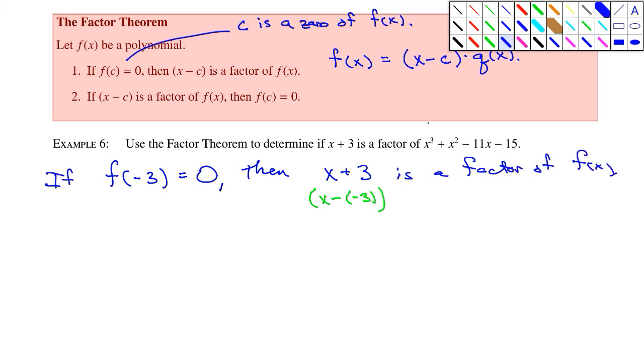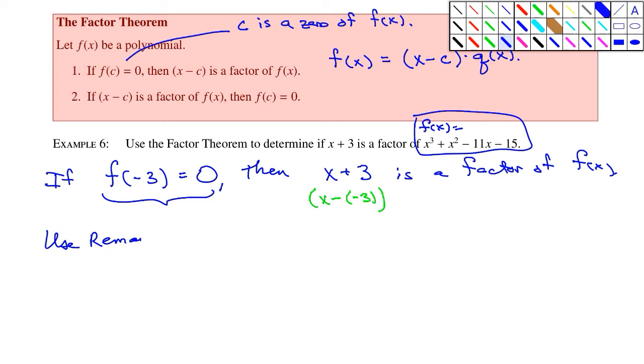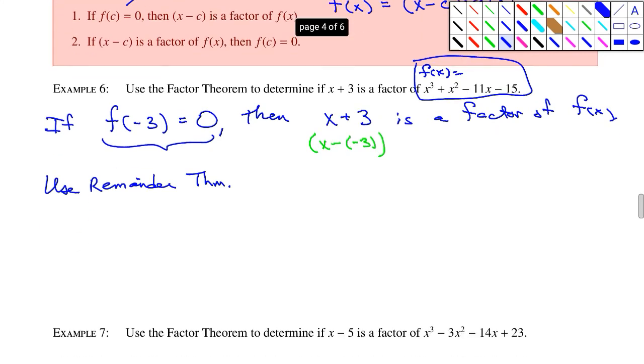Go ahead and label this as f of x right here. We'll determine this piece by using the remainder theorem. You could just evaluate it and determine that, but we need more information eventually. So we'll go ahead and practice doing it this way.